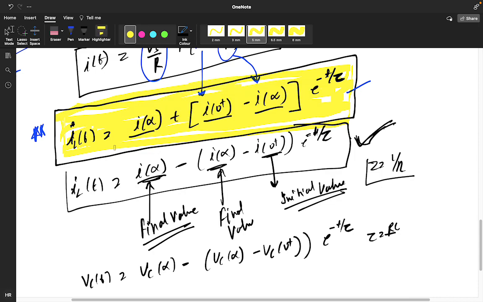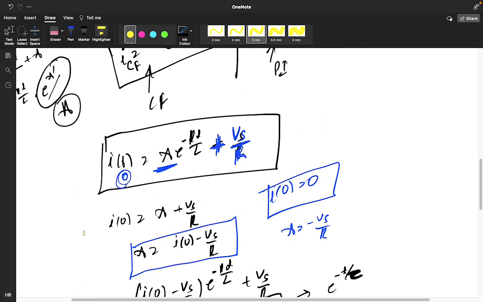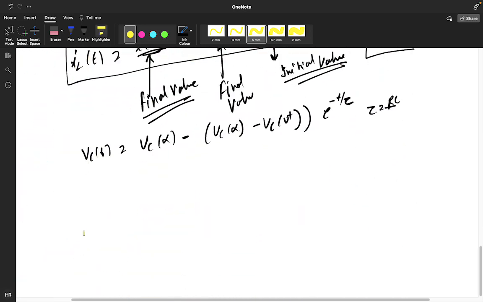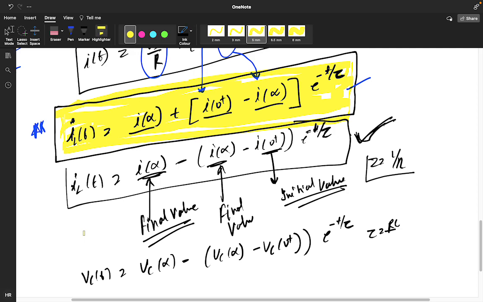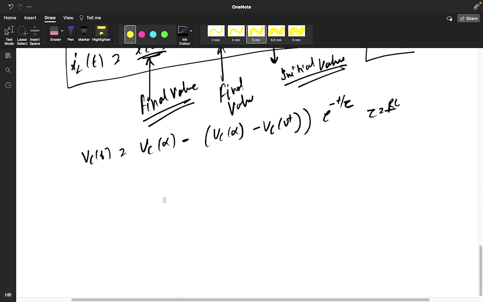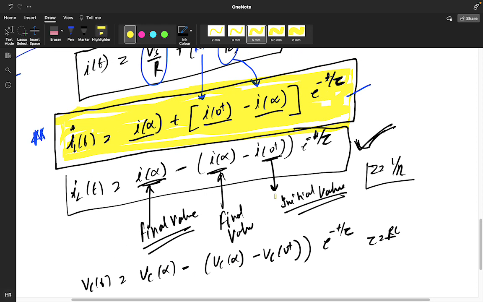Okay. And you will get the same formula for a capacitor, the RC network. We had seen it for the RL network. Tomorrow we will derive it for the RC network. Or you can just try to derive it by yourself like this. You will get the same formula, but you have to change I to V, that's it.